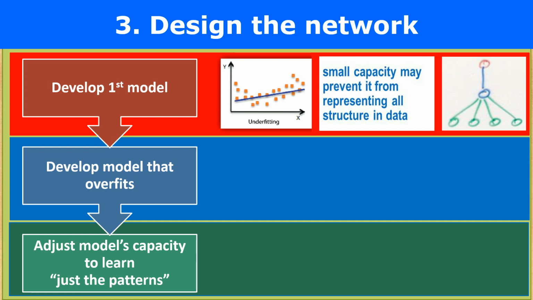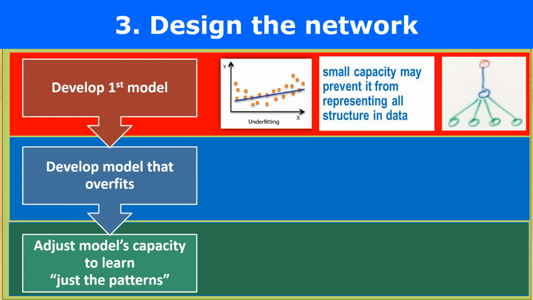First step is to start and develop the first model, then develop another model that usually is of a larger capacity and can overfit the data. Finally, after a couple of iterations, we will be able to define a model that is right sized, with the right capacity, just to learn the patterns that represent the data, so that we could generalize the input data into a representation that can be used to predict quite effectively.